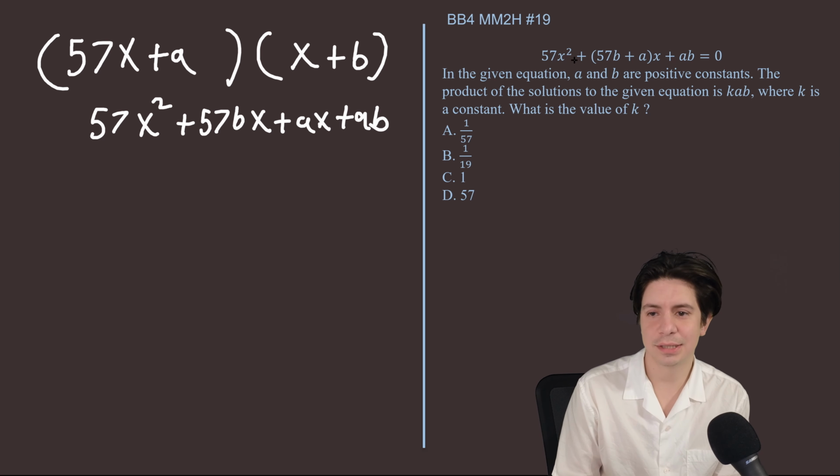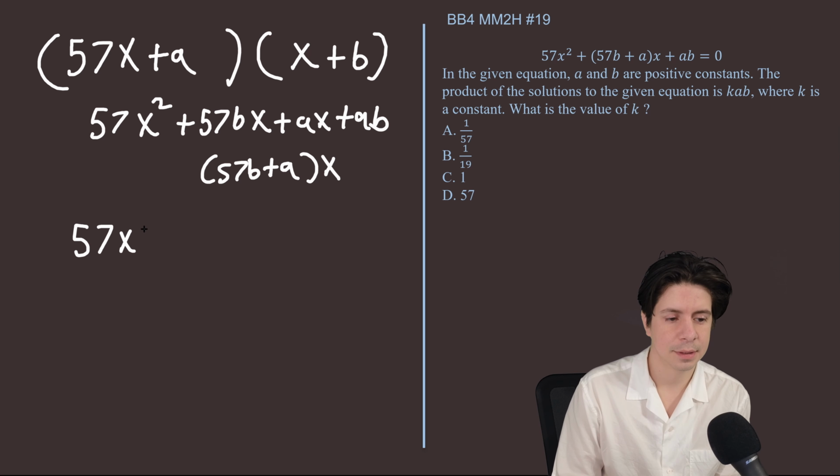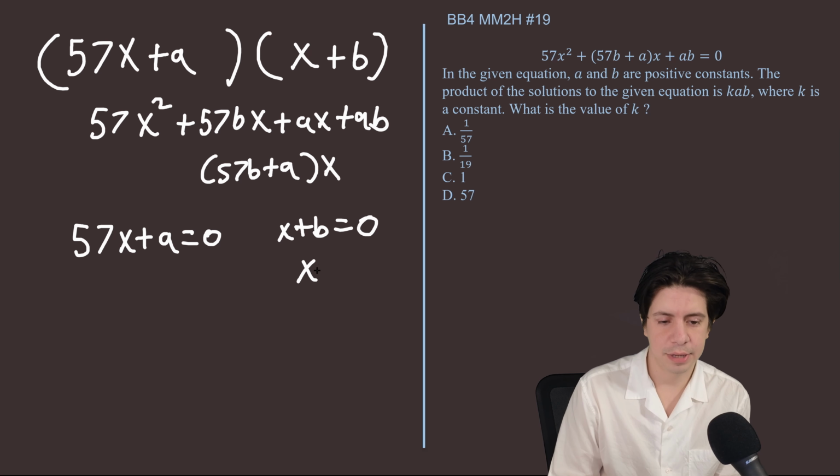And this is just the same thing, except the x is factored out. So we got (57b plus a)x. So the solutions, right, are going to be, when we set these equal to 0, x plus b equals 0, so x equals negative b.